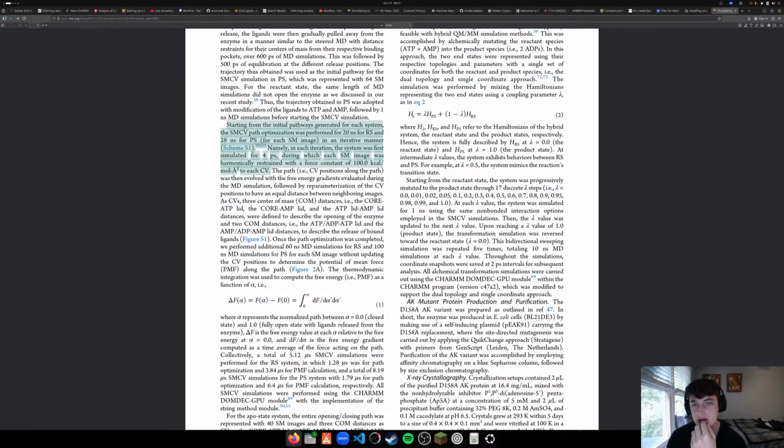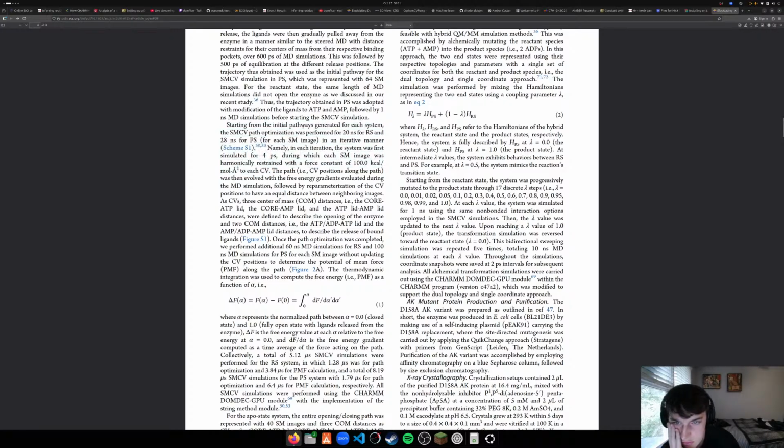For the reactant state, the same length did not open the enzyme as discussed in a recent study. Thus, the trajectory obtained in the product state was used with modification, followed by 1 nanosecond. So I guess they're protonating the ligands there.